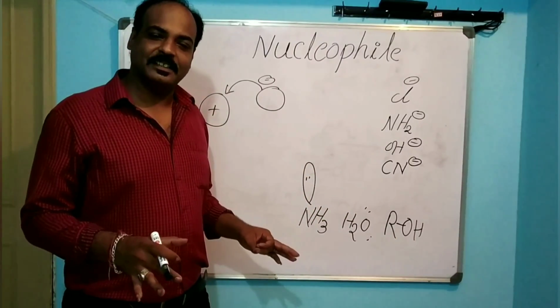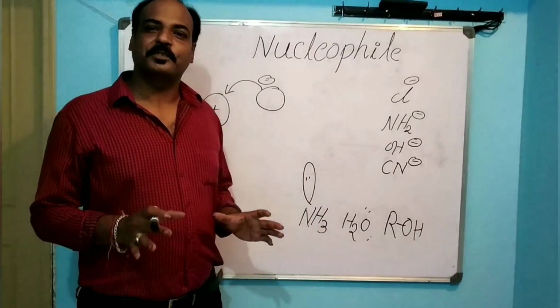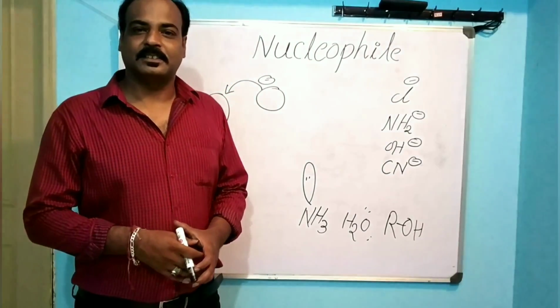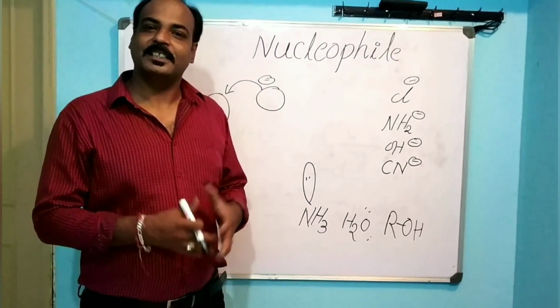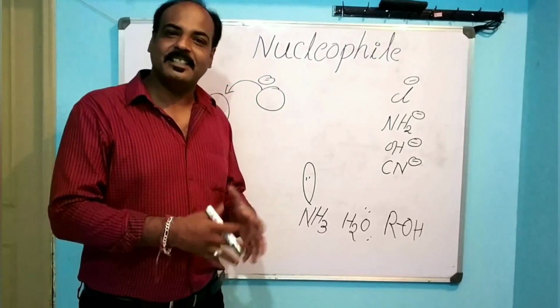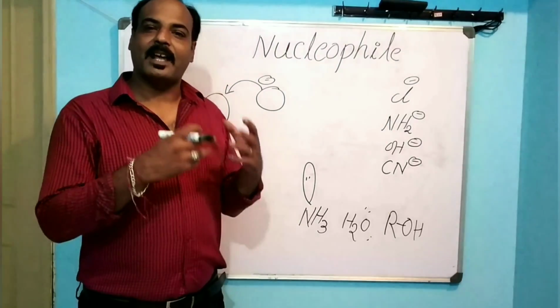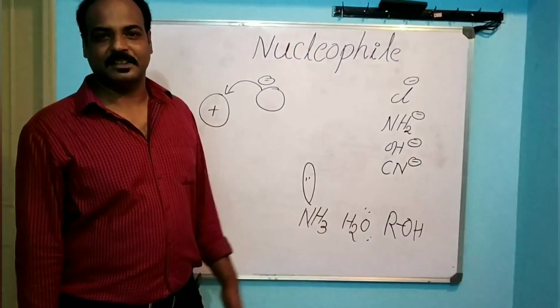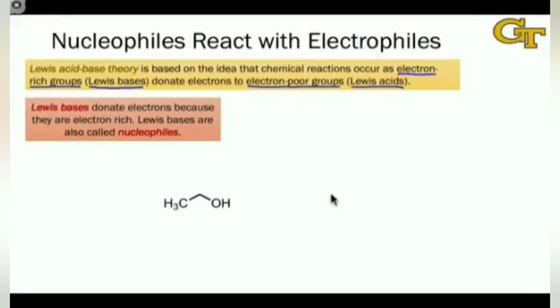In general, the definition of a nucleophile is: species which are electron rich are called nucleophiles. Neutral molecules can also be nucleophiles due to the presence of lone pairs of electrons.